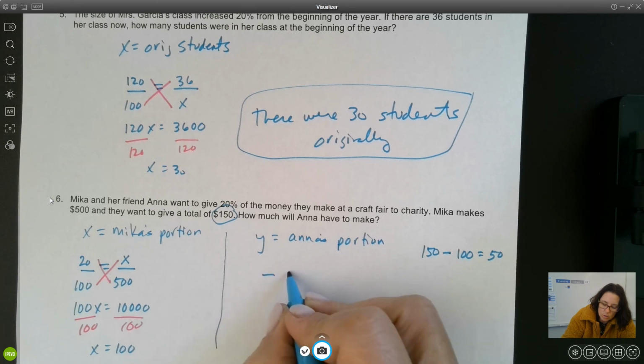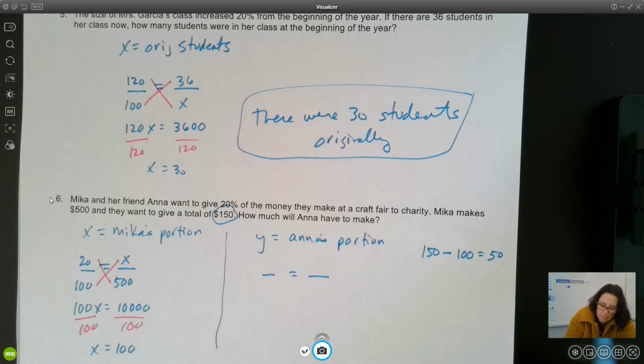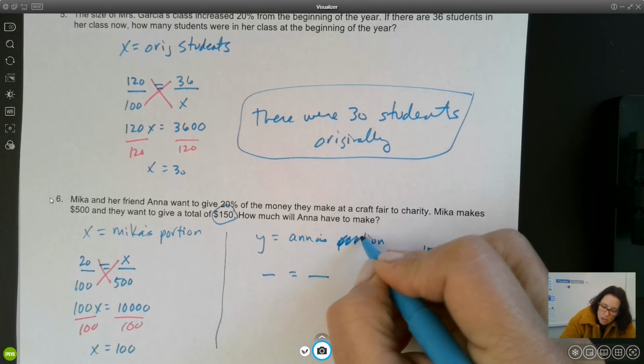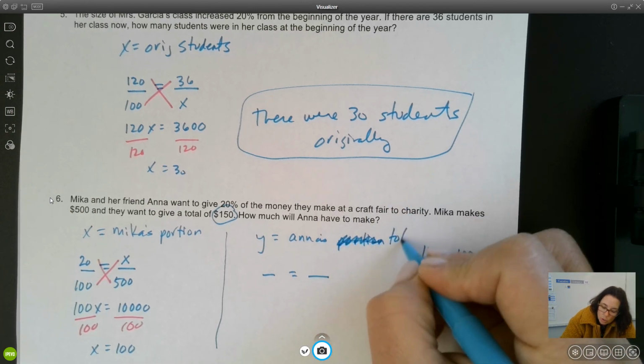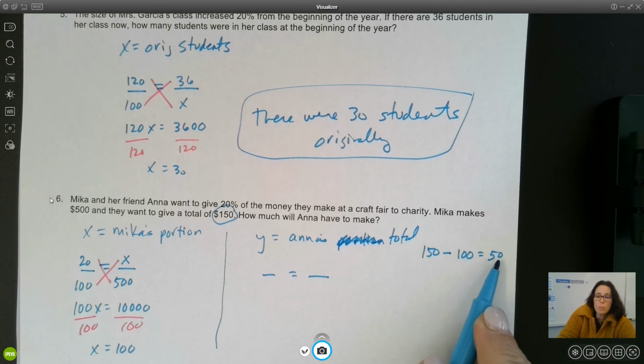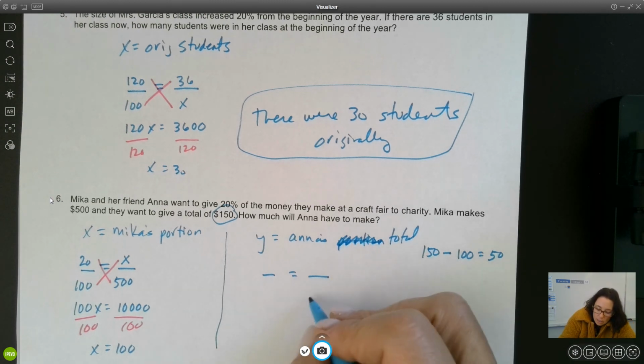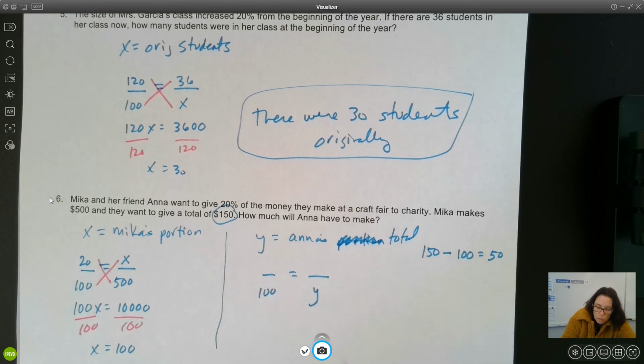Okay, so we're going to be looking at, you know what, it's not Anna's portion, it's Anna's total. Okay, because we know that her portion's 50. We already know that. We're looking for how much she'd have to make.